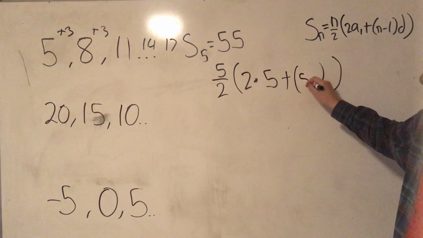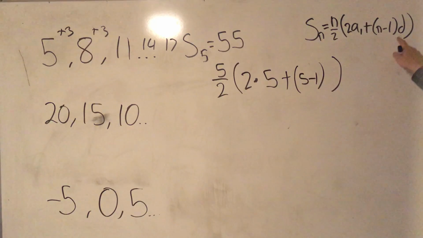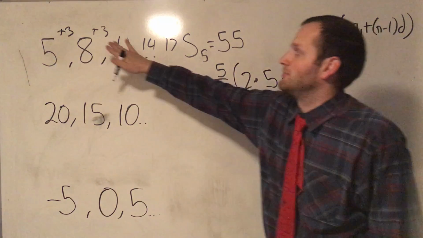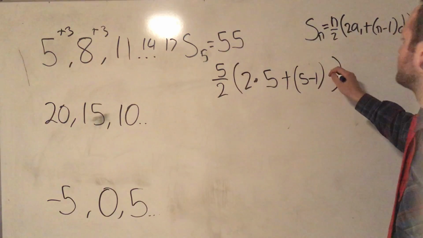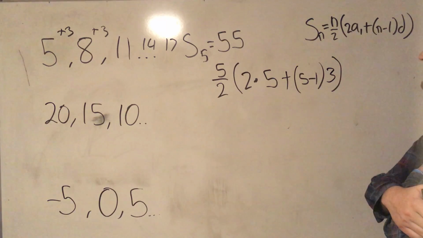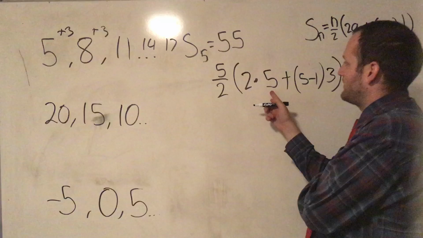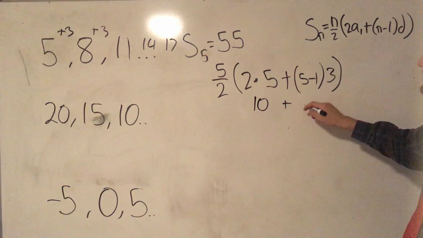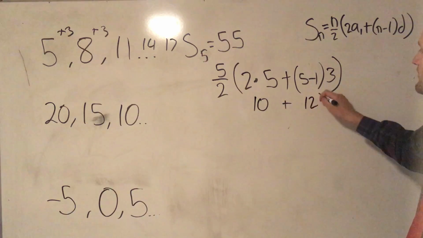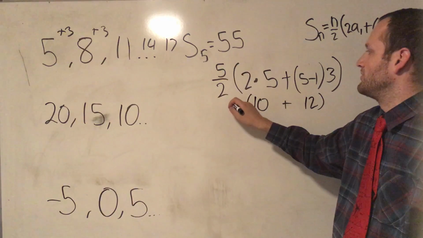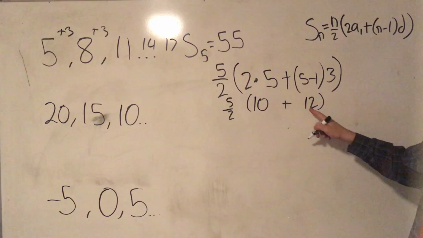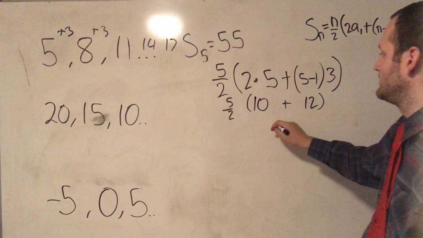N was 5 minus 1, and I've got d. What does d represent? It's the common difference, or what you're adding every time. We're adding 3 every time. Alright, so 2 times 5 is 10, plus 5 minus 1 is 4 times 3 is 12, and 5 over 2. 10 plus 12 is 22.